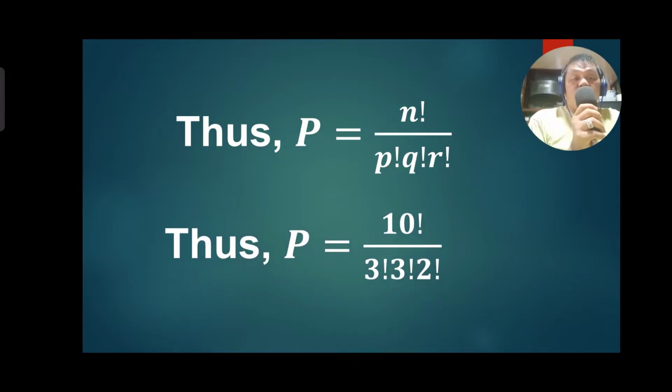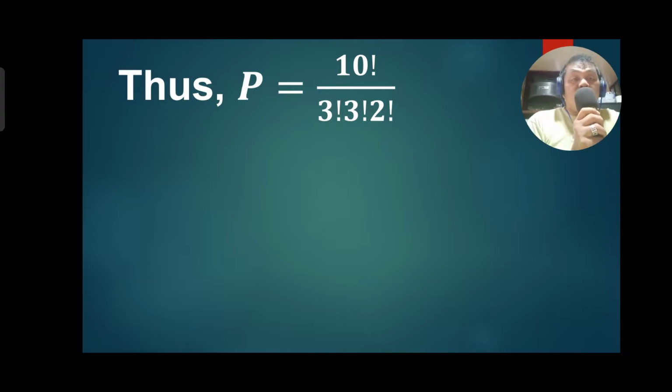So the permutation of the word statistics is equal to n, the number of letters, 10 factorial, all over p equals 3 factorial, that would be our letter S, q equals 3 factorial, our letter T, times r, which is the I, equal to 2 factorial. But what is 10 factorial?